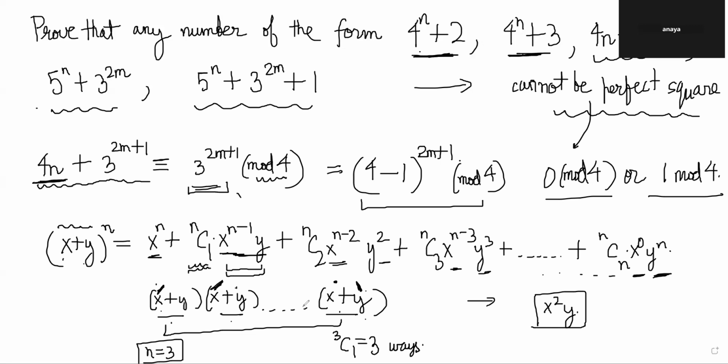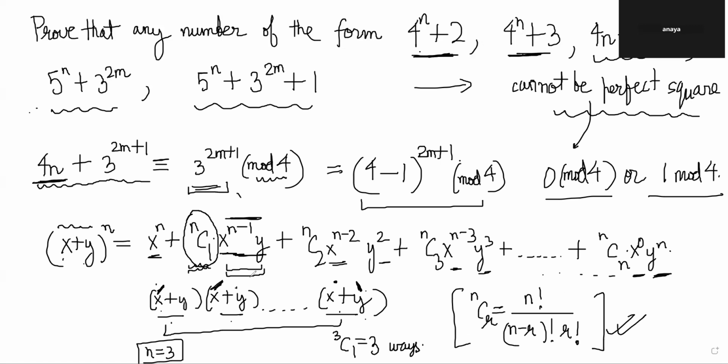So there are n ways to select a y, and the remaining terms are all x's. This is known as n choose one, nC1. So many terms will come which will be like this. The formula for the general value of nC1, nC2 and all is nCr equals n factorial divided by (n minus r) factorial times r factorial.